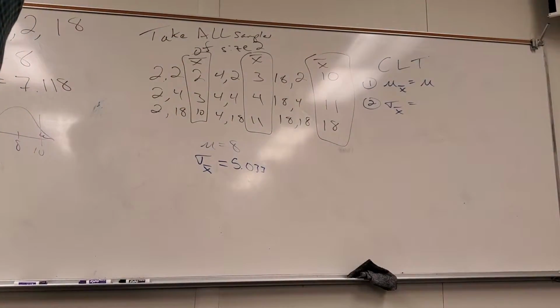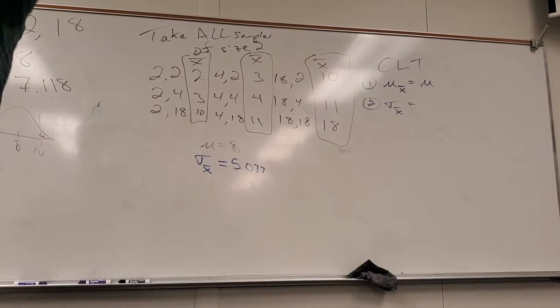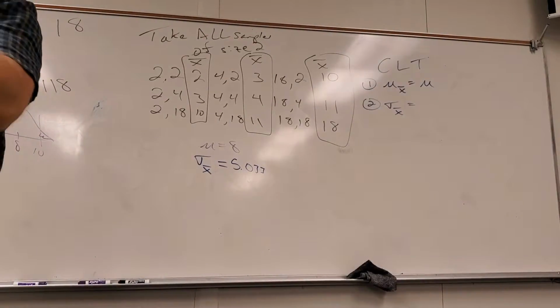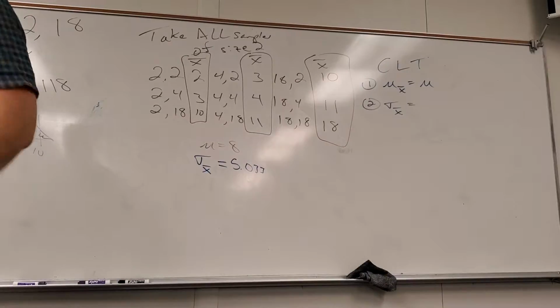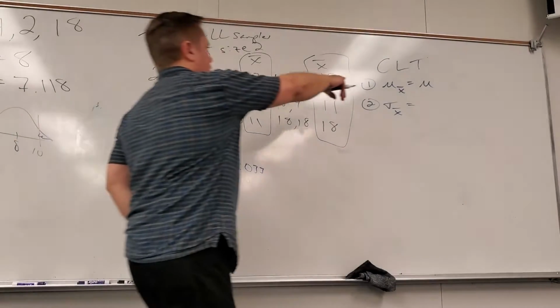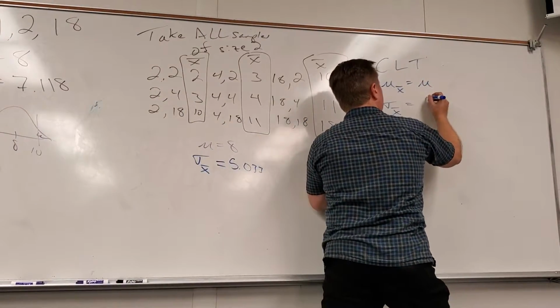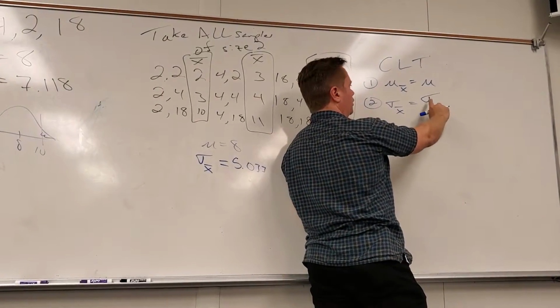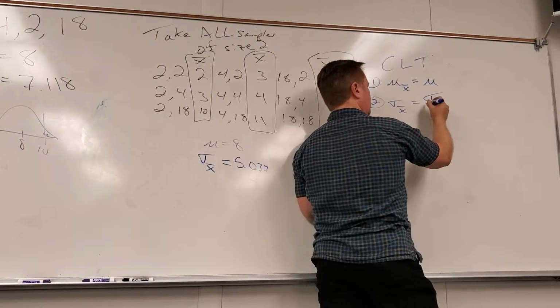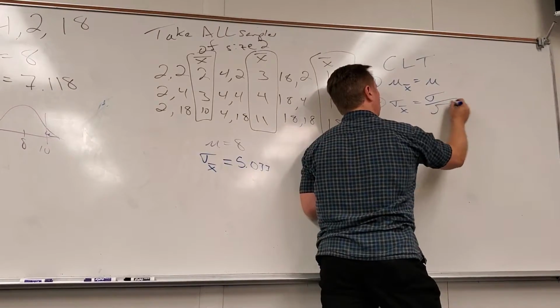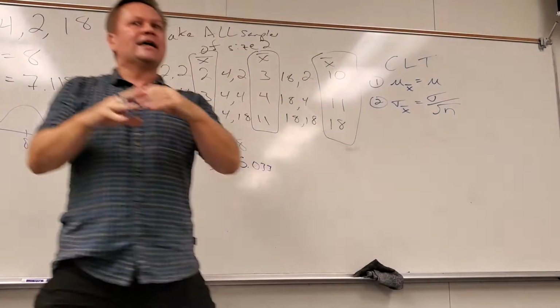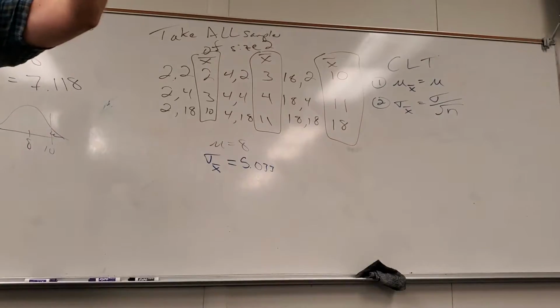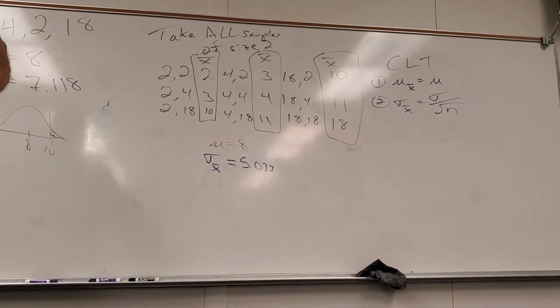Tell me how long the list would be without me having to make it, please dear God, calculator. It costs enough money. There you are. So what the formula says, it should be the spread for individuals, what I call the original standard deviation, divided by the square root of n. So as n gets bigger, the spread gets smaller.